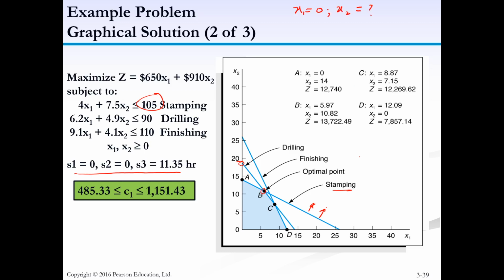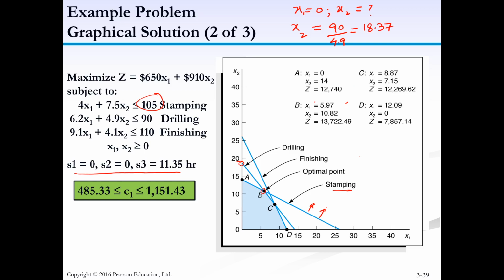How can we work out? We can see that this constraint is the drilling constraint. So for the drilling constraint, if we put x1 equal to 0, we can find x2. In the drilling constraint, x2 is equal to 90 over 4.9. 90 divided by 4.9 is 18.37 roughly speaking.